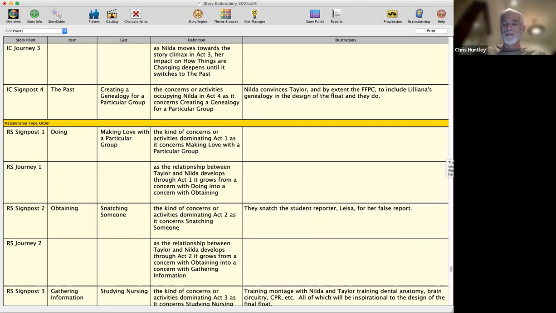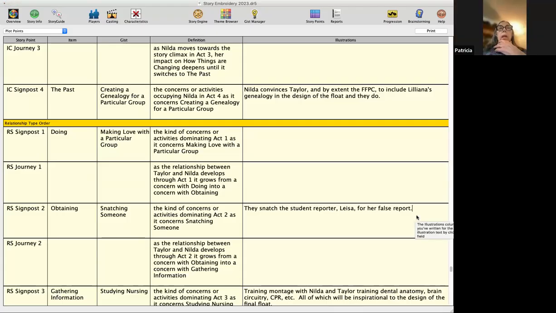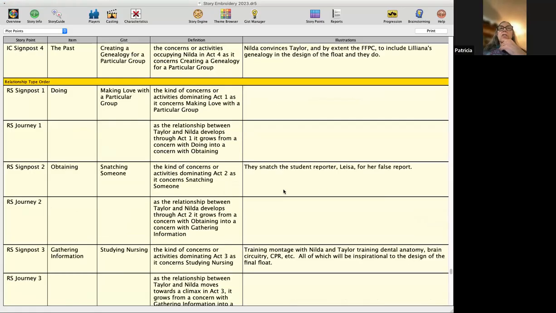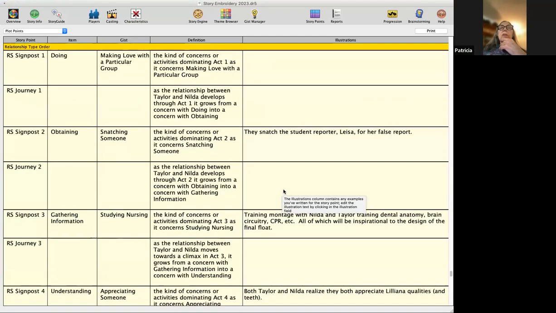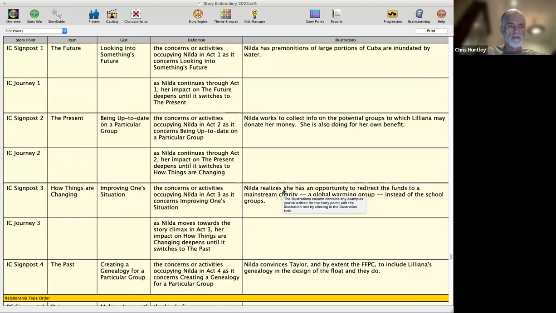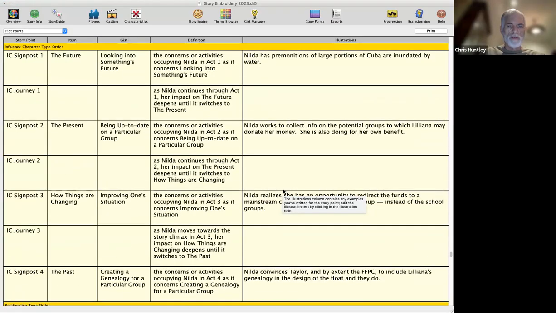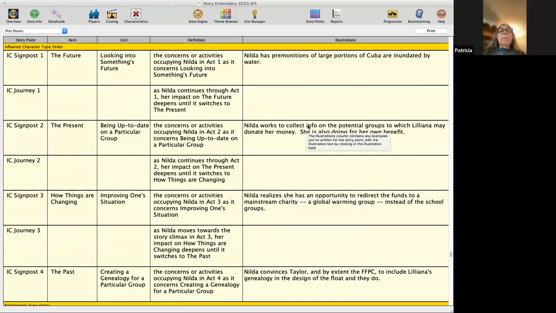Okay, well, Krish, did you have a topic that you'd like to do? The secret life that she had, or her heritage, in the previous one, and then it switches to the present where she goes somewhere with someone. That was the influence character, Nilda.